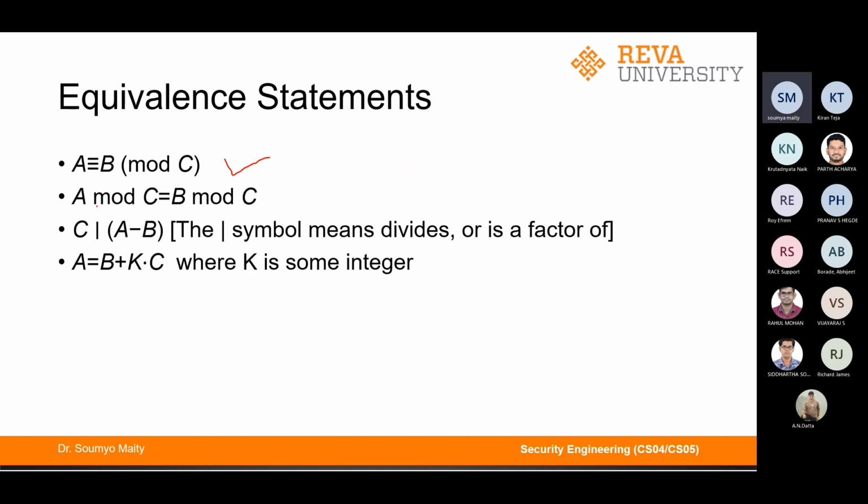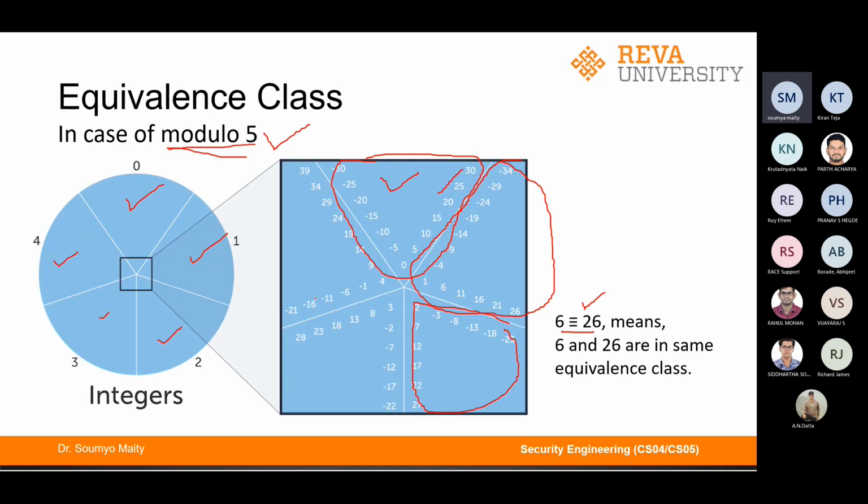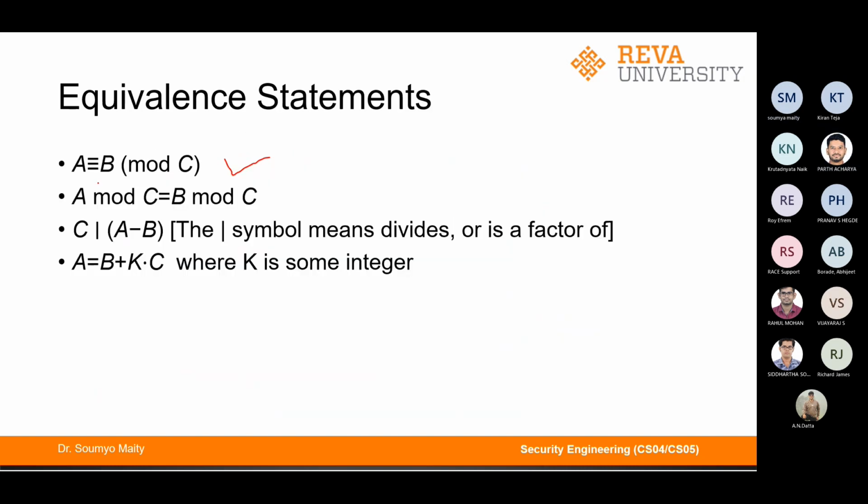If you divide A by C, whatever the remainder is, if you divide B by C, the remainder will be the same. All these numbers will have the same remainder. So we write it in this format or this format. Or we can say A minus B is always divisible by C. Can you say that?